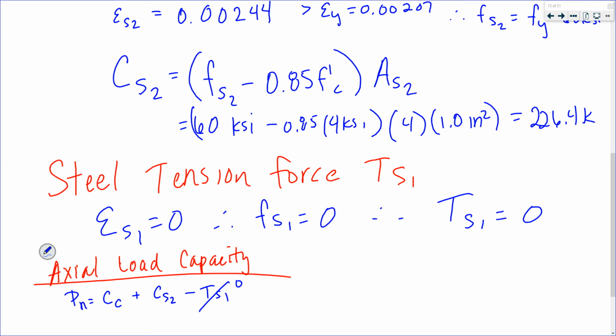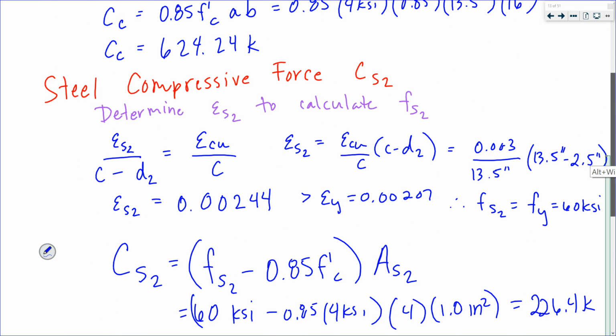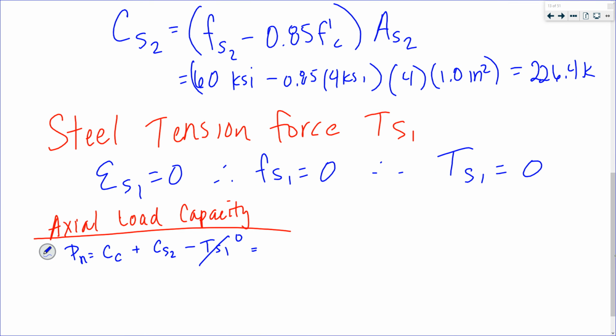So let's see, Cc, I had 624.24 kips. Cs2, 226.4 kips. Minus 0 because there's no force in my tension steel.